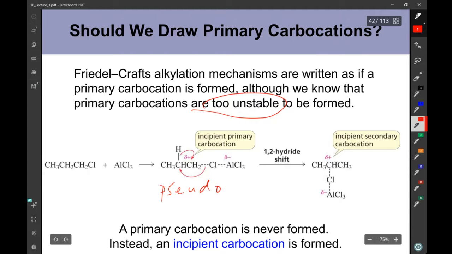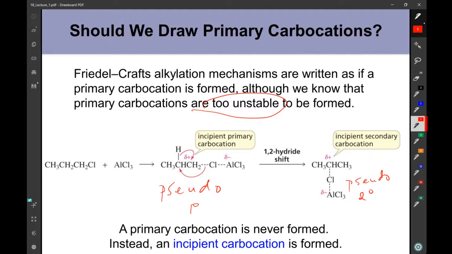So you create a pseudo primary carbocation that undergoes a rearrangement to generate your pseudo secondary carbocation. So technically, they are not drawn out the way we always do that.